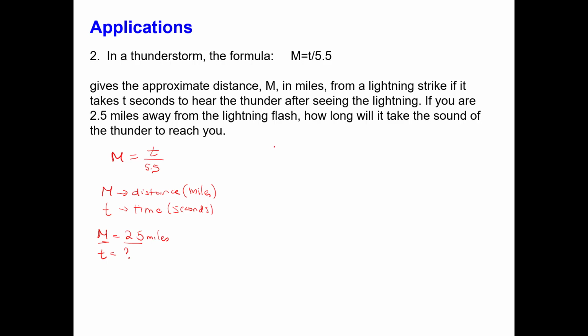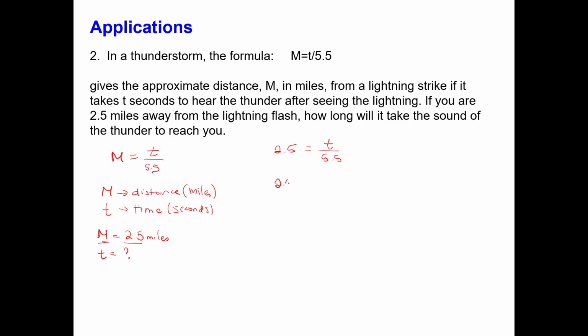Let's replace m by 2.5 equals 5.5 t. Now we need to solve for t. To solve for t, we need to multiply by 5.5 on both sides of the equation.